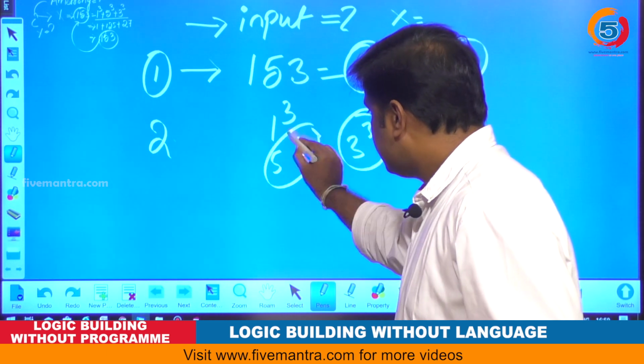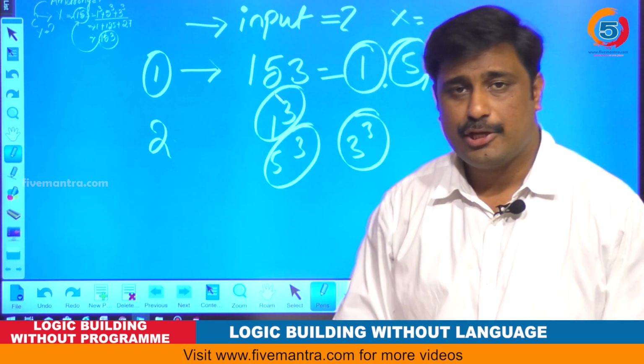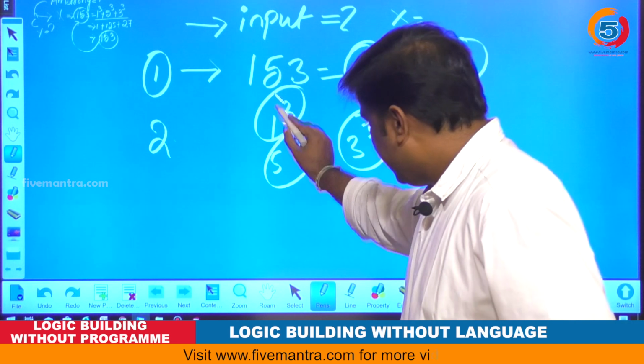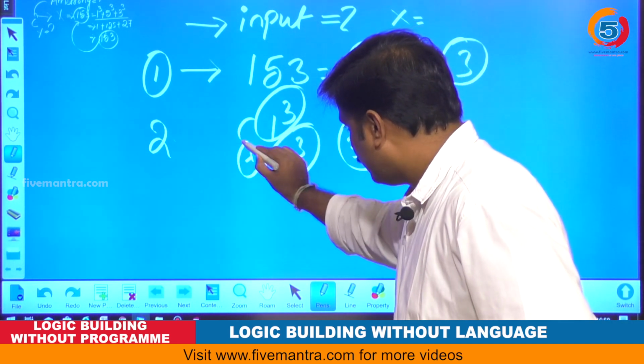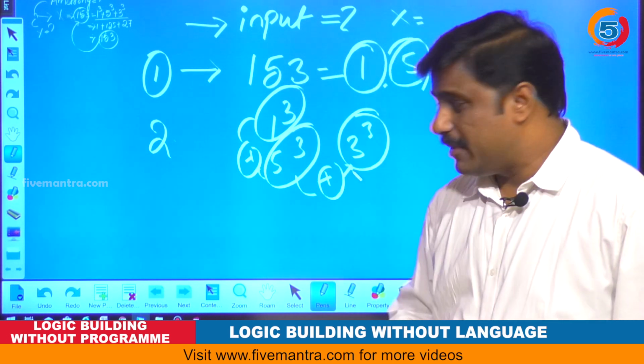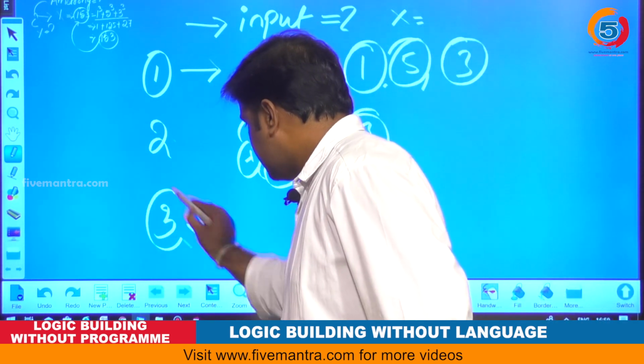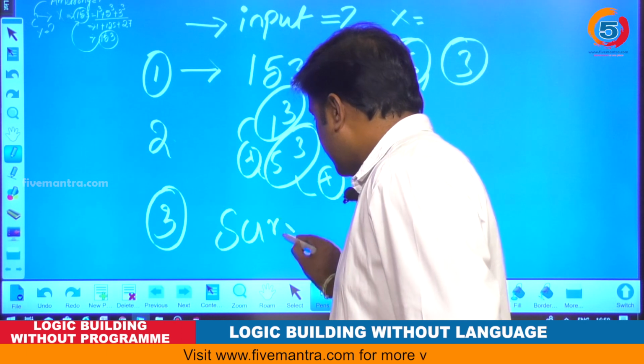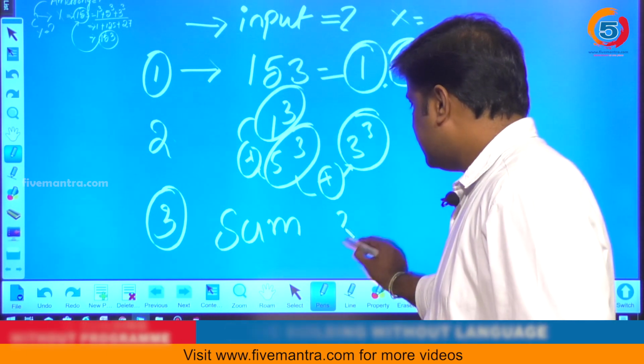Those are the cubes of the 3 numbers I need. Once that is completed, I have to add them. The third step is the summation, the sum of 3 digits.